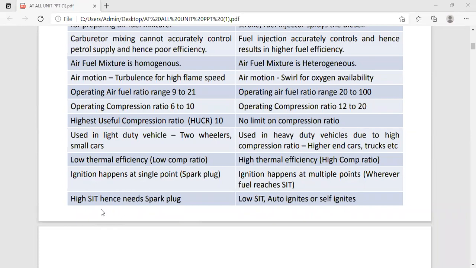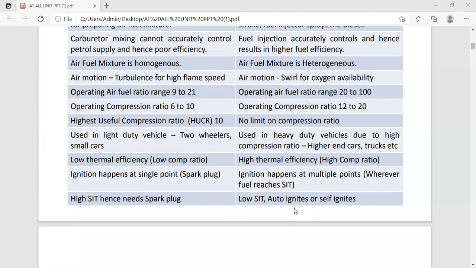Next, the fuel has a high SIT, hence we need the spark plug to ignite the charge, and here the fuel has a low SIT, so it auto ignites.